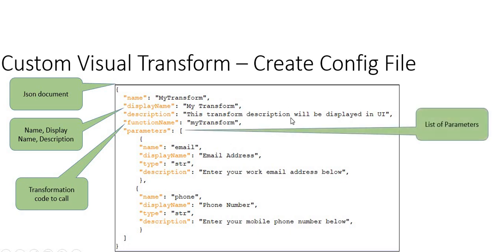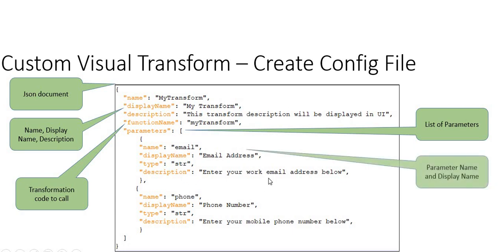Then you also provide parameters. So initially things like name and description, and then when you use any of the source, target, or action nodes, you must have seen that you can configure those nodes. So what are the different parameters you can configure? You can see here that it is asking for email and phone as 2 parameters.